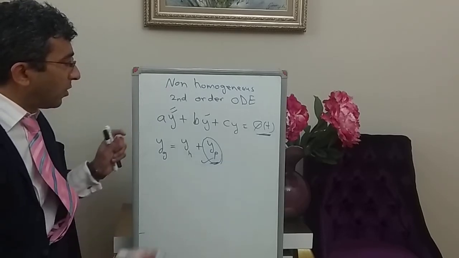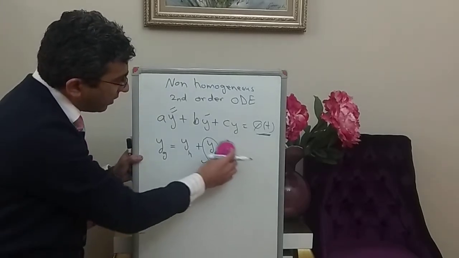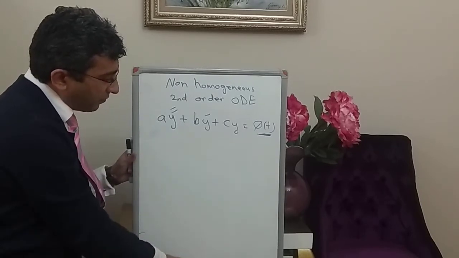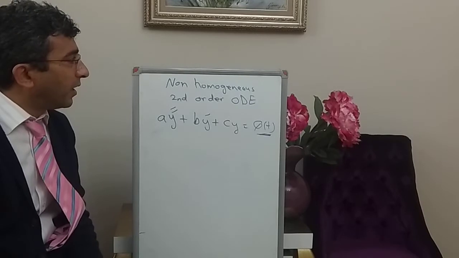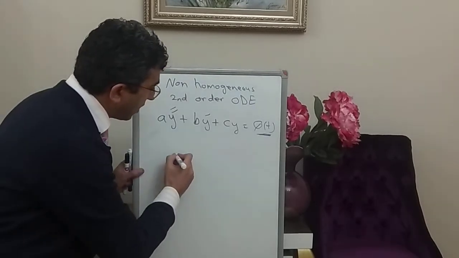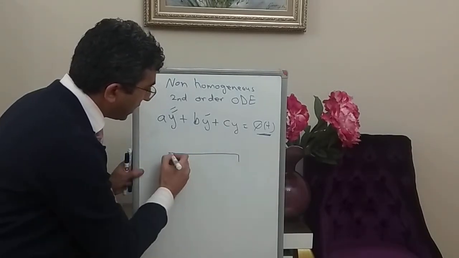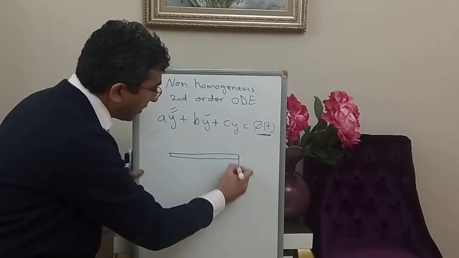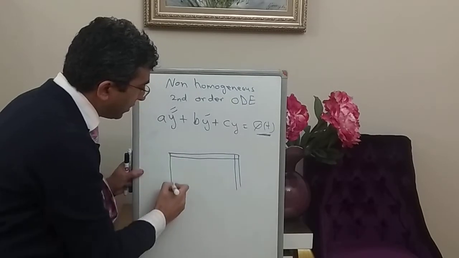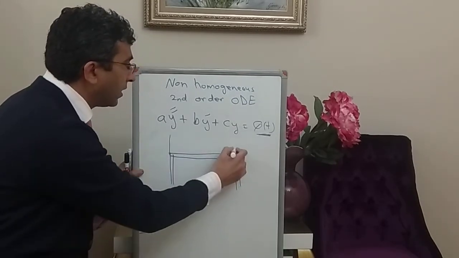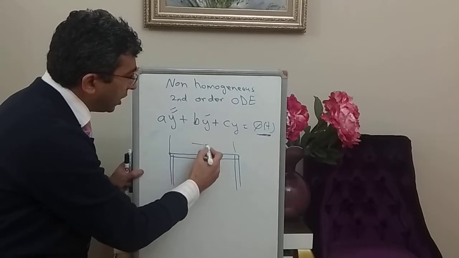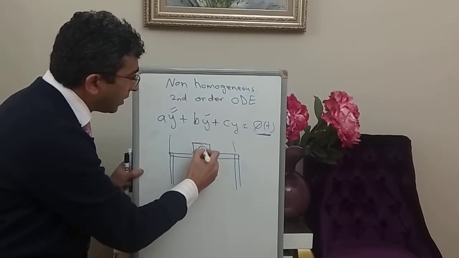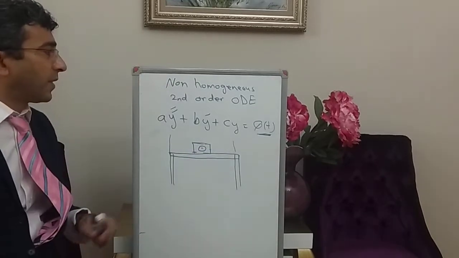So what do we mean by particular solution? Suppose that I have a concrete slab floor in a factory building, and there are some machines here.